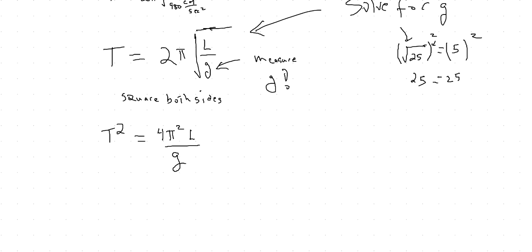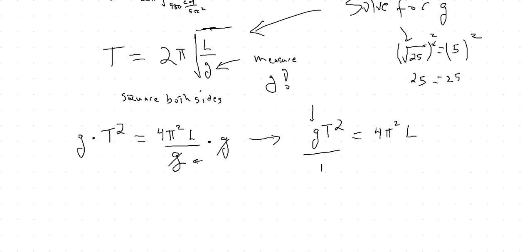Okay, so I got to get rid of this G on the denominator. So I'm going to multiply both sides by G. Okay, so here on the right side, G goes out. So here we have G T squared equals 4 pi squared L. But I want G all by itself, so I need to divide by T squared.